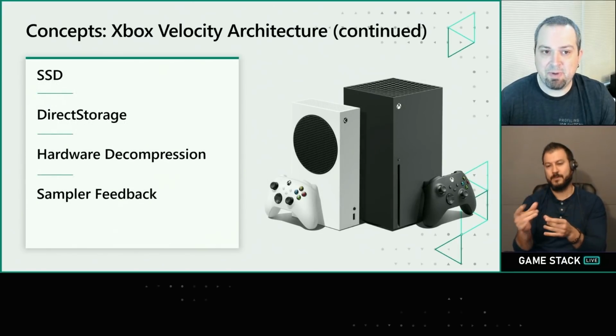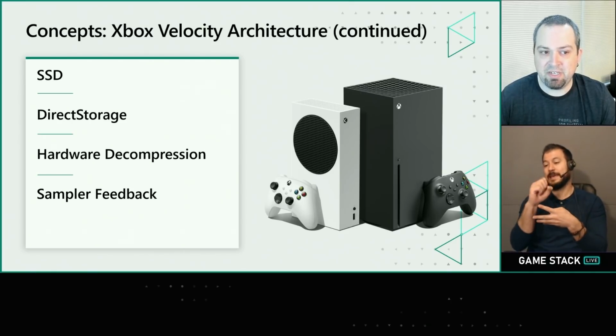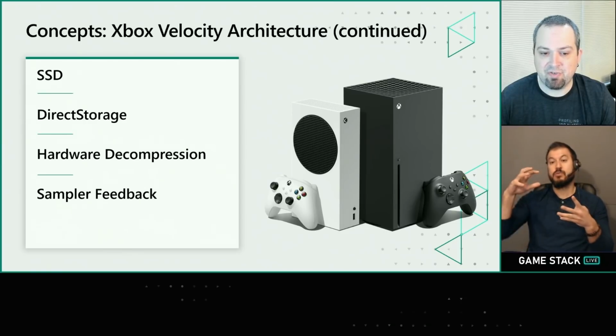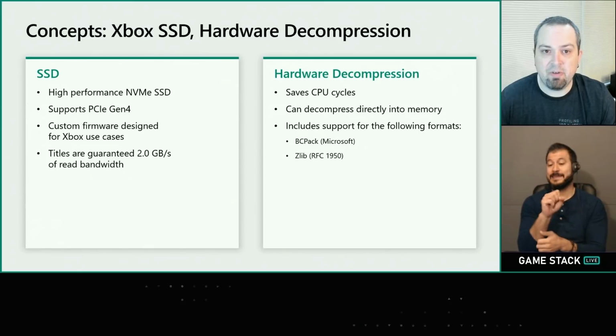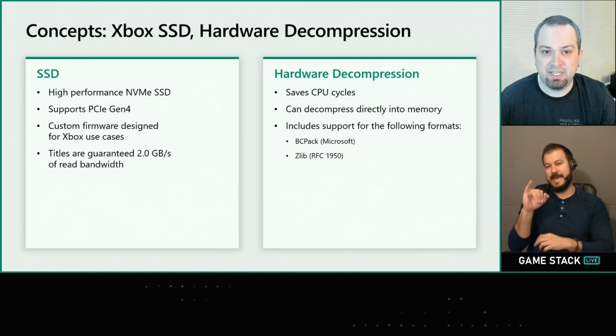So the Xbox Velocity architecture consists of four components: the SSD, DirectStorage, hardware decompression, and sampler feedback streaming. The SSD that's included within the Xbox series of consoles, both the Xbox Series S as well as the Xbox Series X, is a high-performance PCIe Gen 4 NVMe SSD.